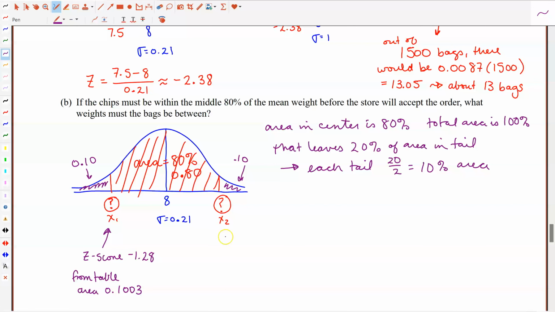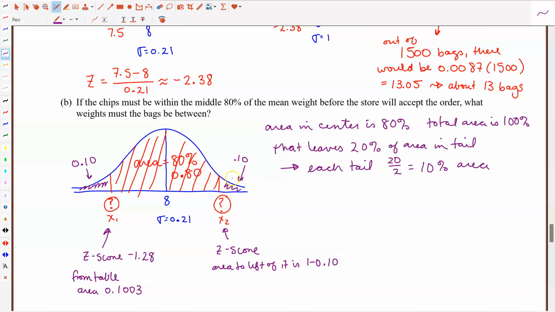Now for this right z-score, when I go to find it, I need to remember that with respect to that value, the area to the left of it is 1 minus 0.10.